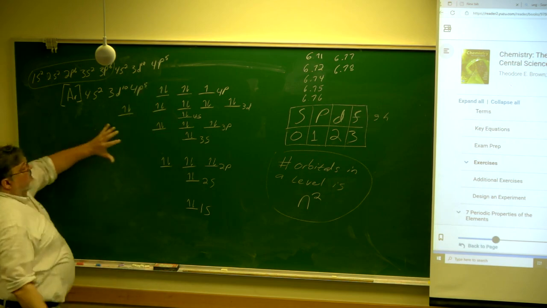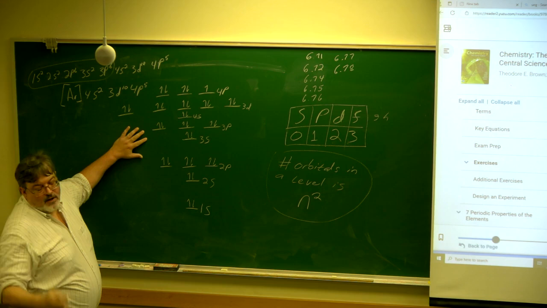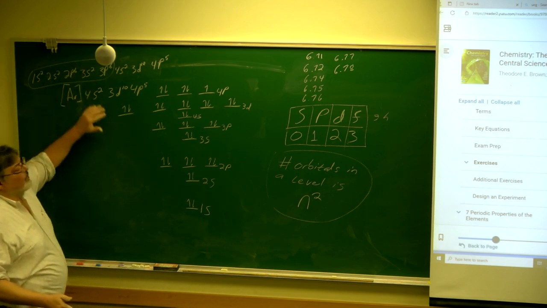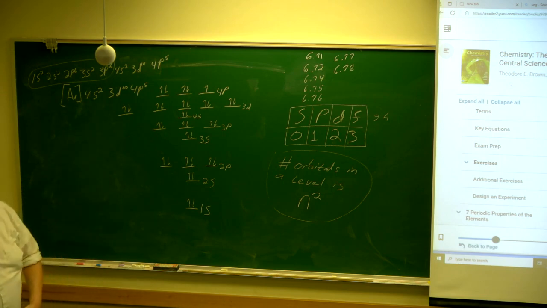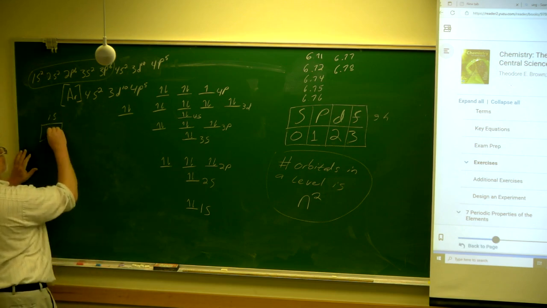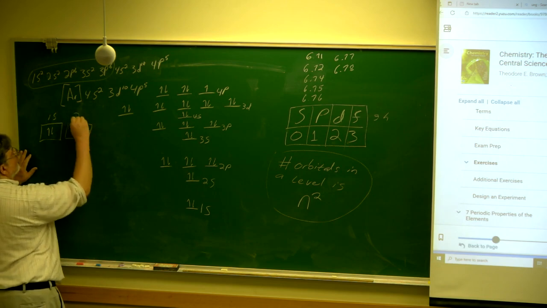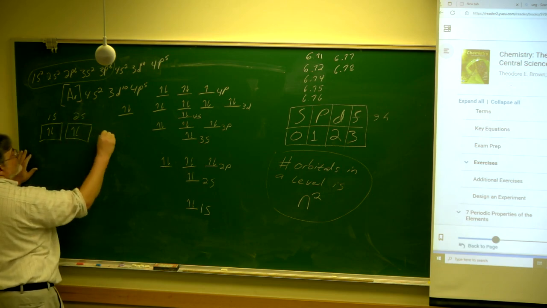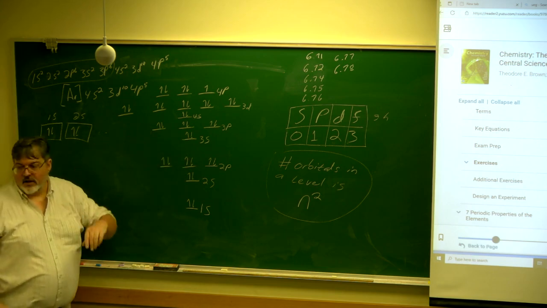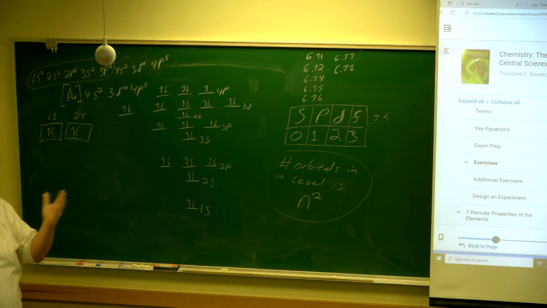I showed you this just to show you an easy way to get it all in front of you so you're looking right at it. It doesn't matter how you represent the electron configuration. You could even do these boxes. But that's my quick and dirty way to get it right in front of your face so you can look at it. And then writing down an electron configuration should not be too hard.